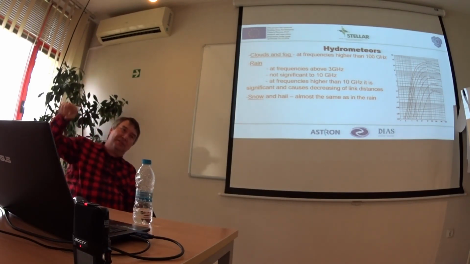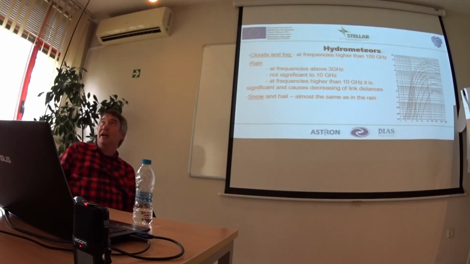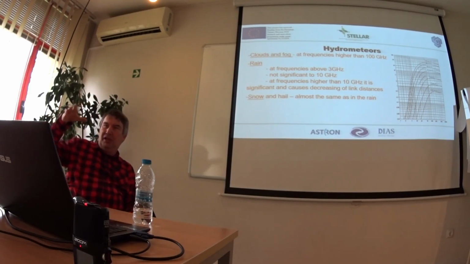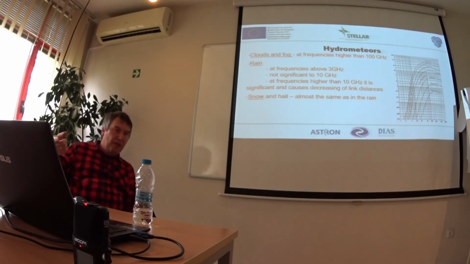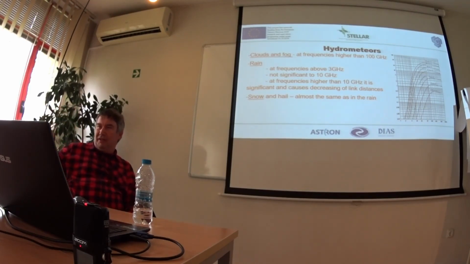If you have a satellite link, free space losses are around 200 decibels. I don't know if you know what a decibel is, but 200 decibels is 10 to the 20th of attenuation. If you transmit a signal with power 1 watt, you will receive a signal with power 10 to the minus 10 watts.